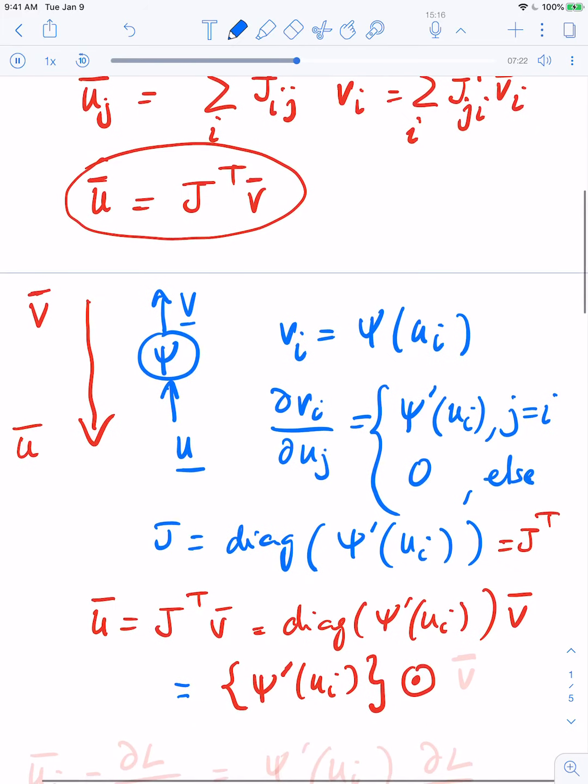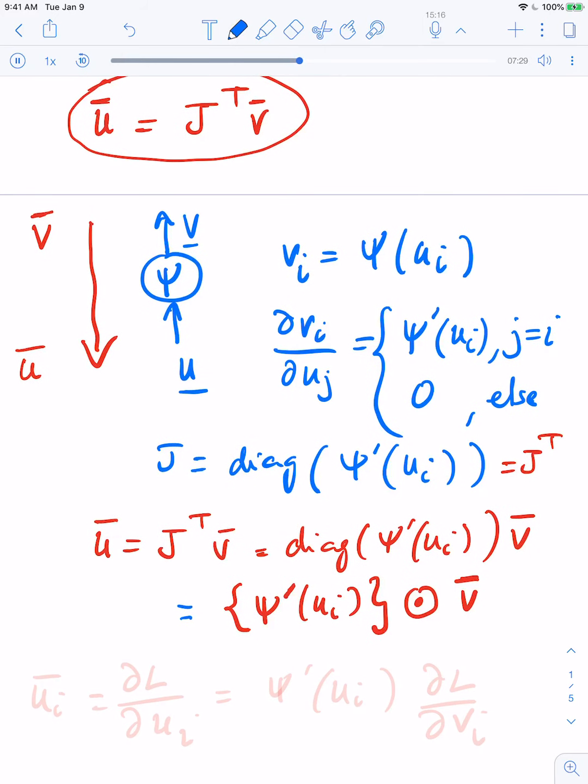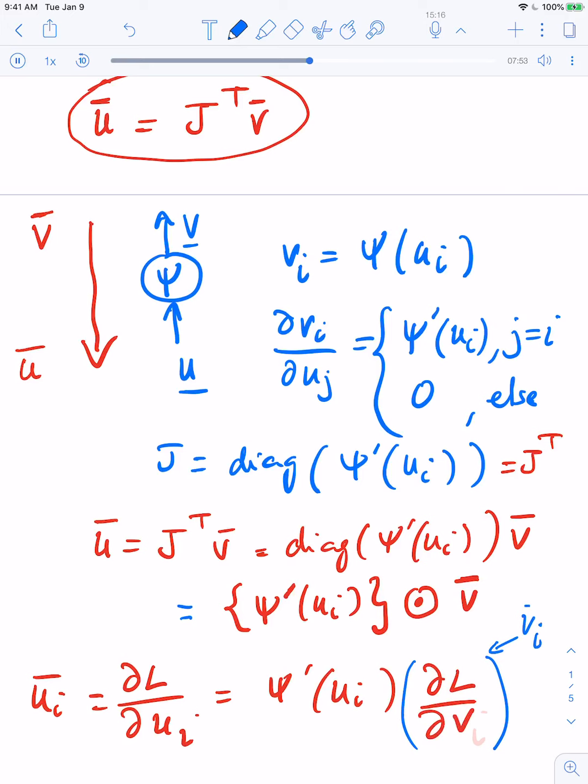This is called a Hadamard product with the gradient flowing back down, right? So basically, the ith, just to be very, very clear, what's happening is that this is just saying that del L by del Ui, which is what I'm calling Ui bar, is equal to psi prime Ui times del L by del Vi.